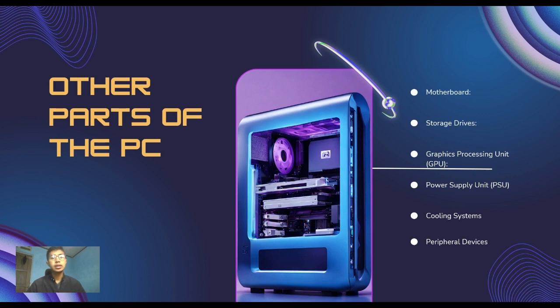Next, there are peripheral devices. A peripheral device is a network device or another device outside of the computer. Peripheral devices, for example, are a router, access point, or LAN network.